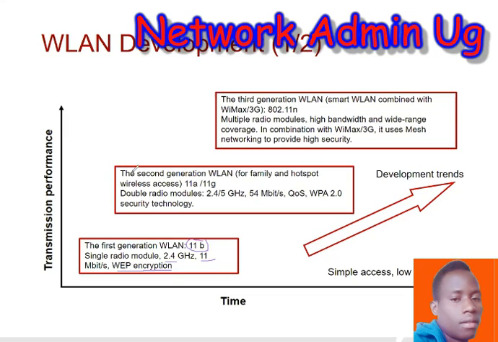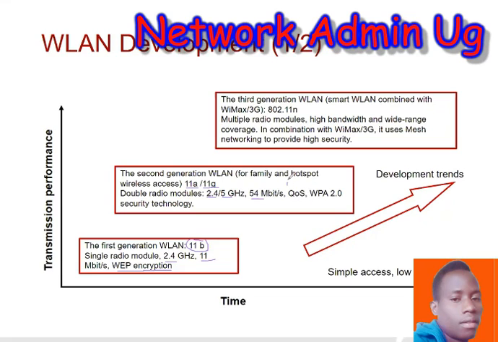The next thing that happens within time was the development of 11A and 11G, which run at 2.4 and 5 gigahertz ranges, each of them giving 54 megabytes per second.